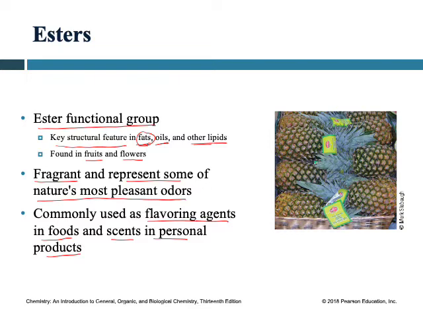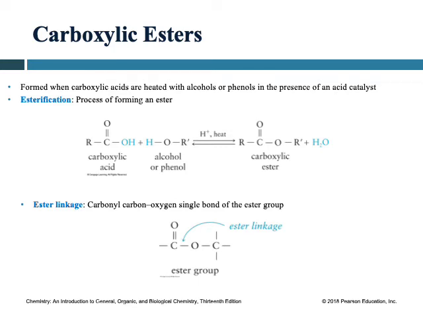So now let's talk about how this functional group looks. The ester functional group has a carbonyl group. This is a carbonyl group. If one of the bonds of the carbonyl group contains R and the other bond is replaced by OR, then this functional group is an ester, right?